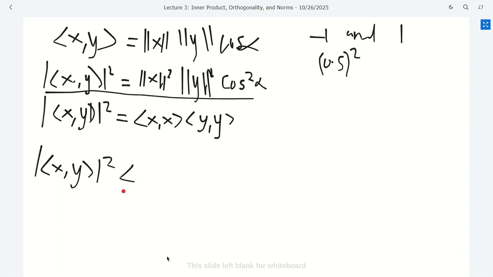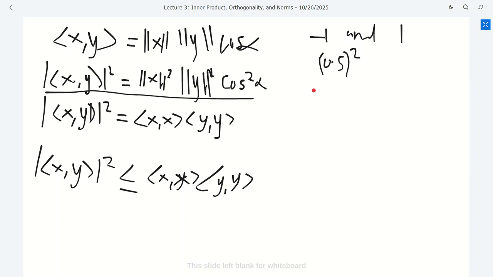Which is less than or equal to the inner product of, sorry, here's x. Because the answer is between -1 and 1 inclusive. If it is 1 or -1, squaring still gives 1.